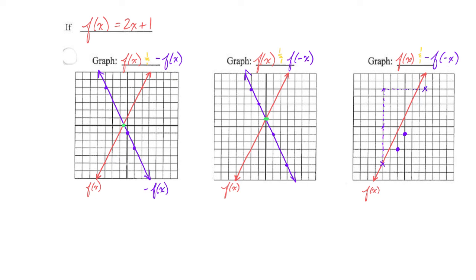Well, I could have got to that exact same location if I did my reflections in the opposite order. Maybe I reflected across my y first. 3 units to the left becomes 3 units to the right. Now 5 units below becomes 5 units above. And I come in right to the same spot.